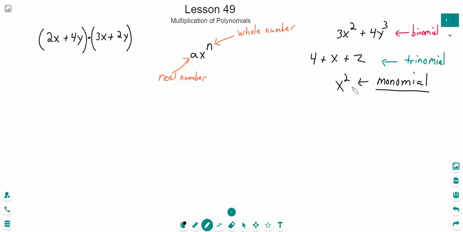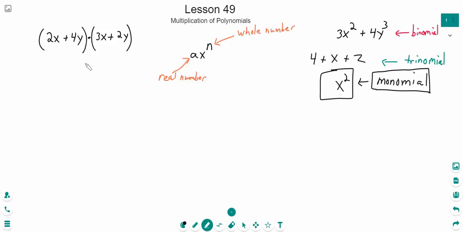A monomial is just a single term polynomial. So you have the monomial, you have the binomial, and you have the trinomial. So there you go, another term for you. Write that one down. Maybe if you want to even go back to yesterday's class notes, you could throw that in there. It might make more sense to put it in that section. But a monomial is simply a single term polynomial.